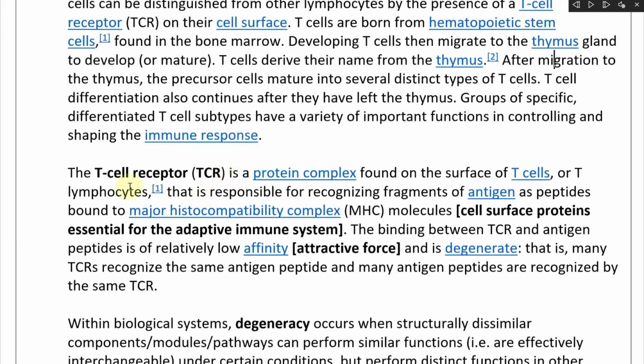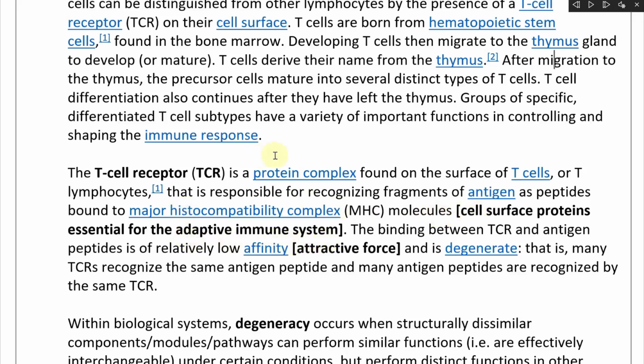Alright, so this T cell receptor is a protein complex found on the surface of T cells or T lymphocytes that is responsible for recognizing fragments of antigen as peptides bound to major histocompatibility complex, MHC, molecules. These are cell surface proteins essential for the adaptive immune system.